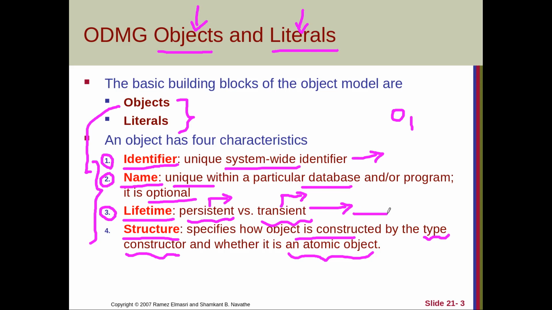So this can be decided while creating an object. The user can make an object persistent, or the user can leave it to be removed just after the usage of that particular object. And the fourth characteristic decides the structure, by forming the structure using any of the type constructors, whether it is an atomic object or a complex object.